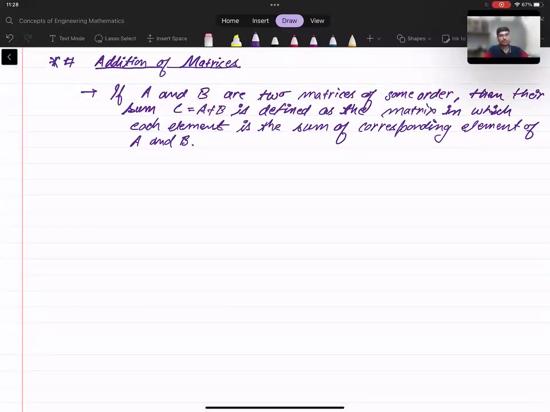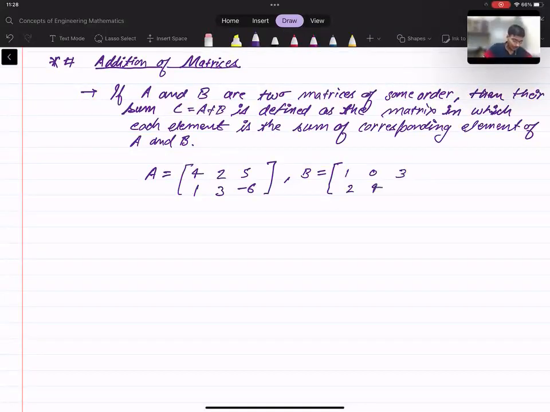So we can understand this with the help of an example. Suppose we have a matrix A which is given as 4, 2, 5, and 1, 3, -6, and we have another matrix B which has elements 1, 0, 3, then 2, 4, 6.